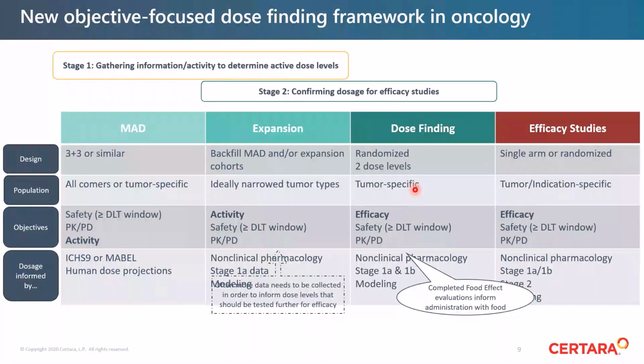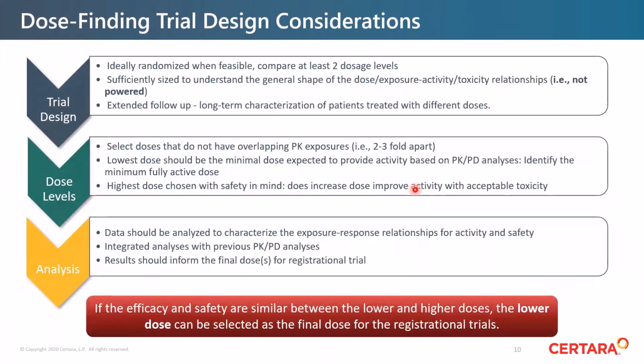This is, of course, a general conceptualization, and there are certainly other approaches to trial design where some of these steps can occur more seamlessly, including, for example, leveraging information from the dose optimization study as part of the registrational package. So what is expected in terms of the design of this definitive dose finding study?